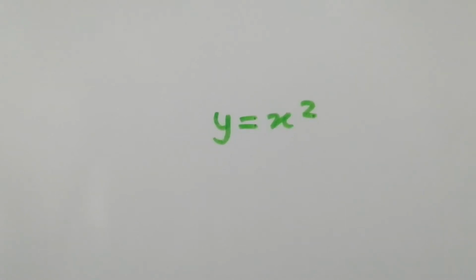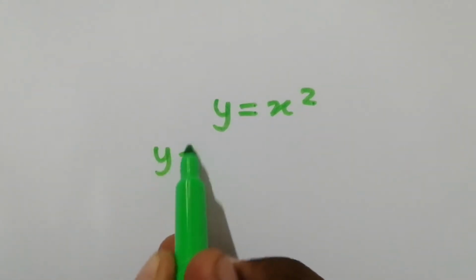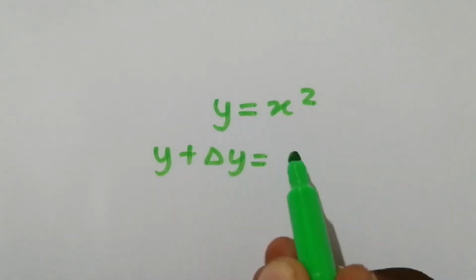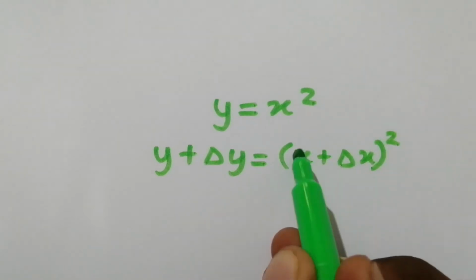Now if I take delta x as the increment of x and the corresponding increment of y as delta y, then I can write the new function as y plus delta y is equal to (x plus delta x) whole to the power 2.